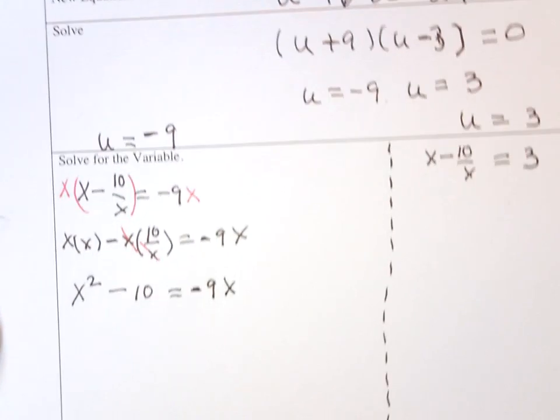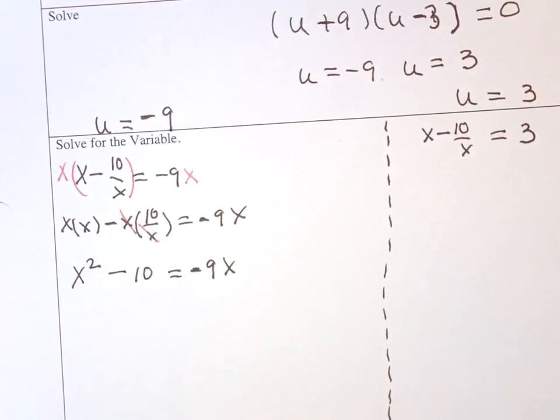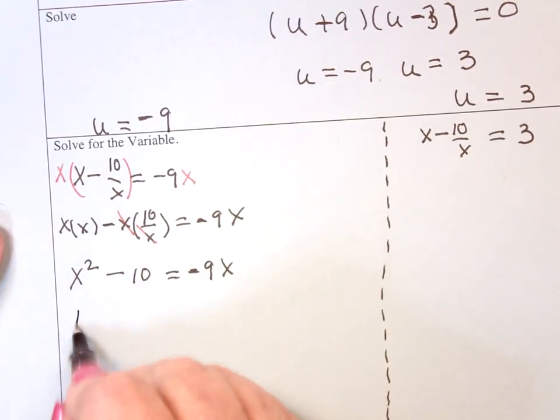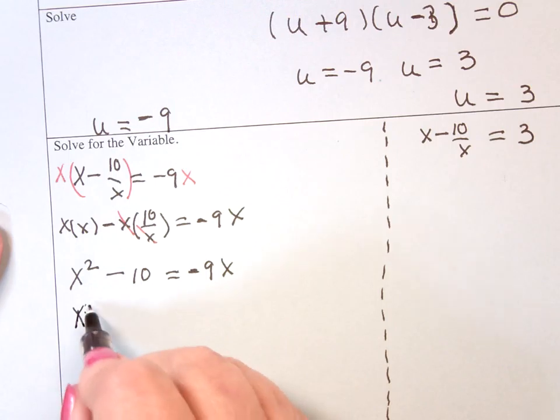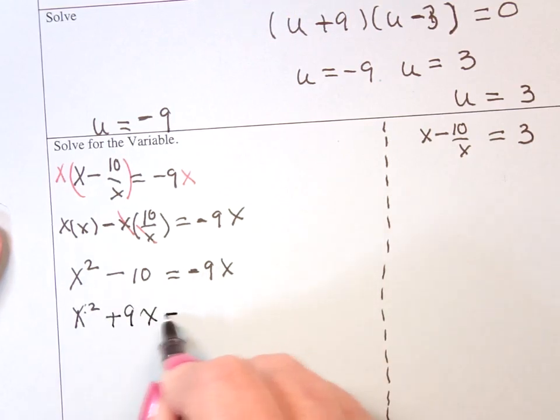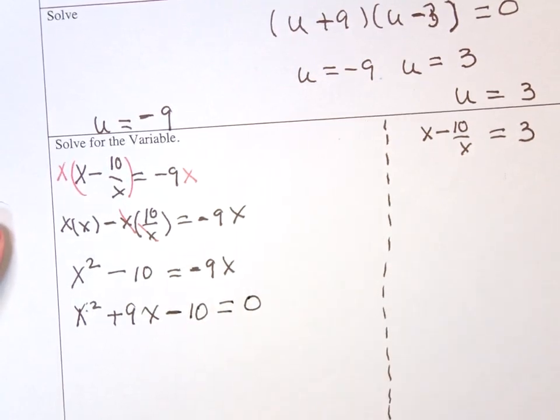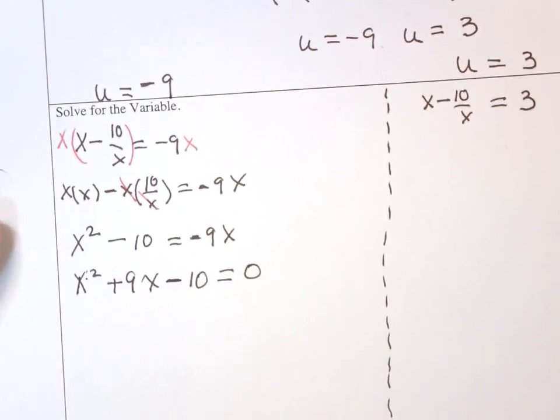Now what do you do? I can't factor it yet. Bring the 9x over. So x squared plus 9x minus 10 equals 0. Now I have everything on the same side, 0 on the other, because it's a quadratic.